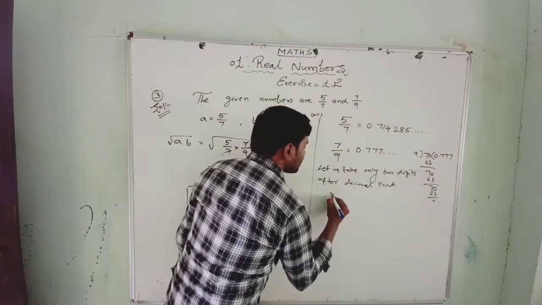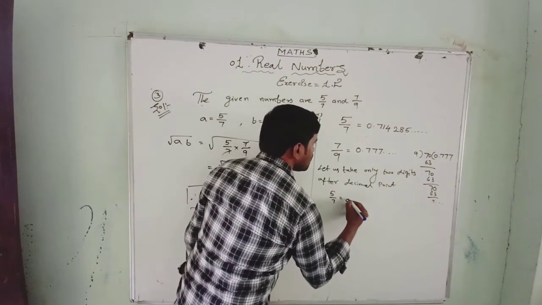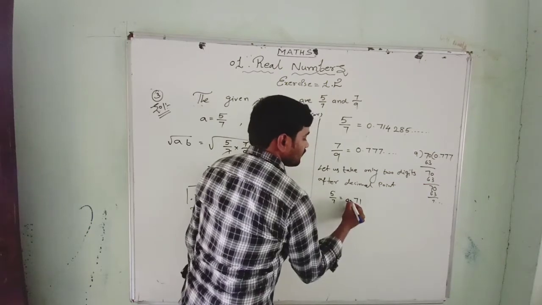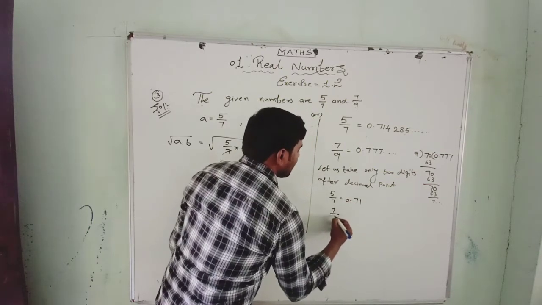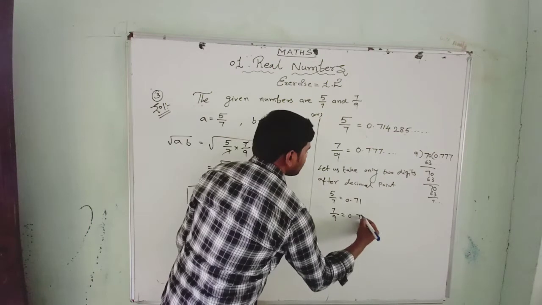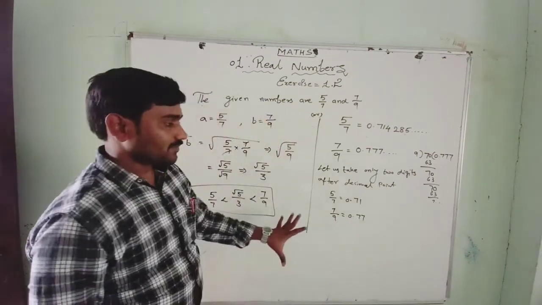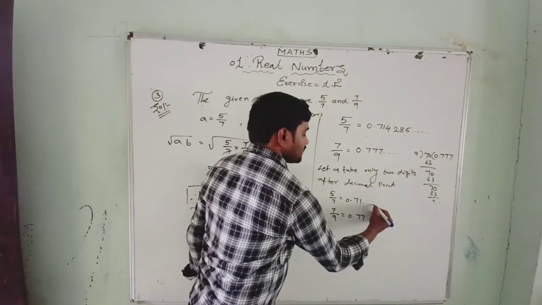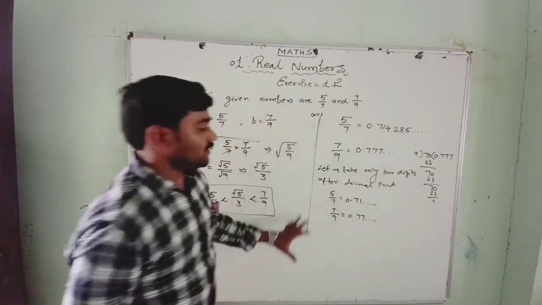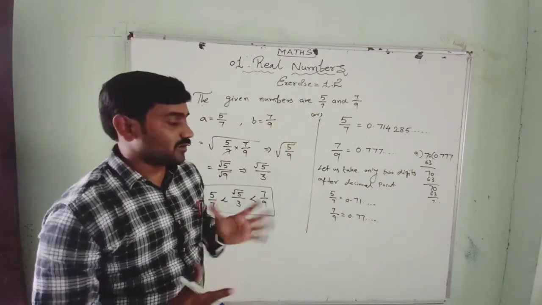Okay, then 5 by 7 equal to what? 5 by 7 equal to 0.71. Then 7 by 9 equal to what? That is 0.77. See now. It will be continuous, but we take only two digits now. What happens now?